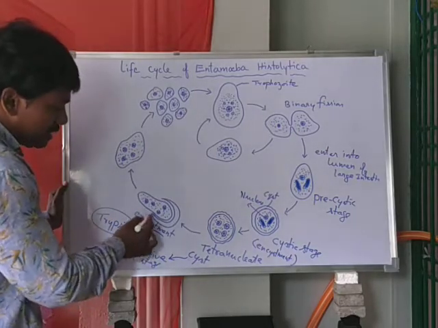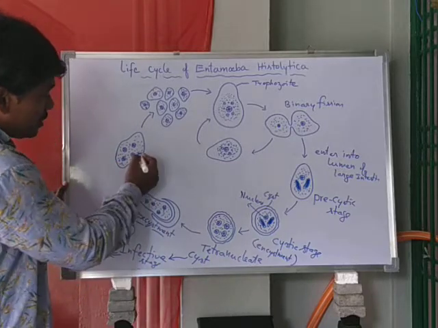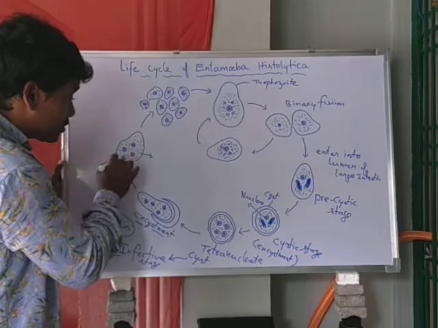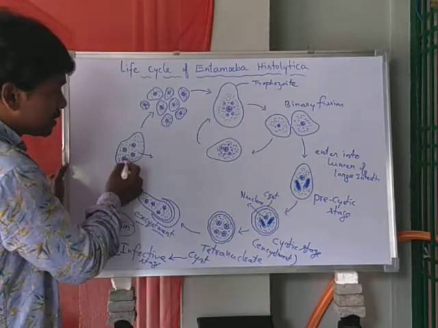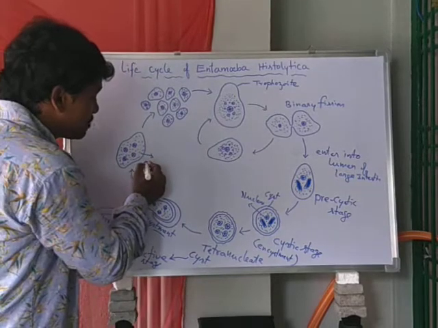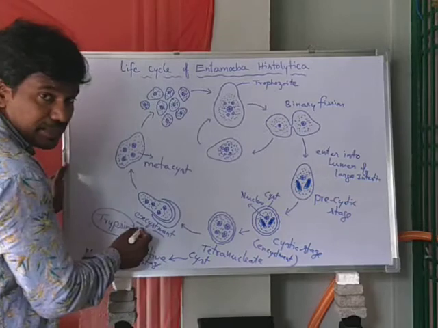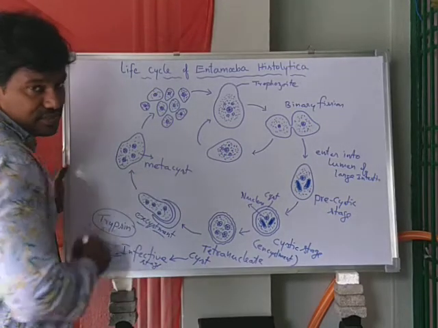Here the process called excystment is going on, and the tetranucleate stage comes out. After excystment, the tetranucleate stage is called metacyst.